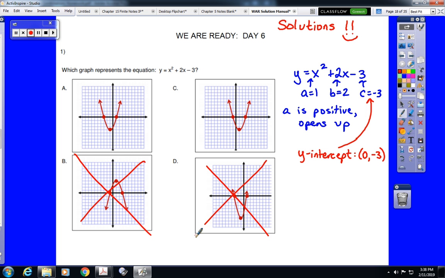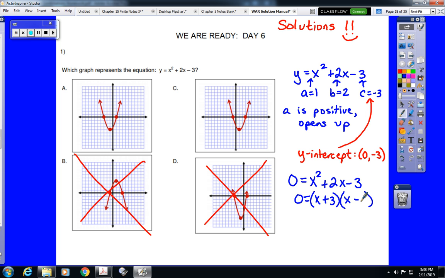Now the final thing we should do here is solve the related equation by factoring. The right side of that equation, we're looking for a pair of numbers that multiplies to negative 3 and adds to 2.